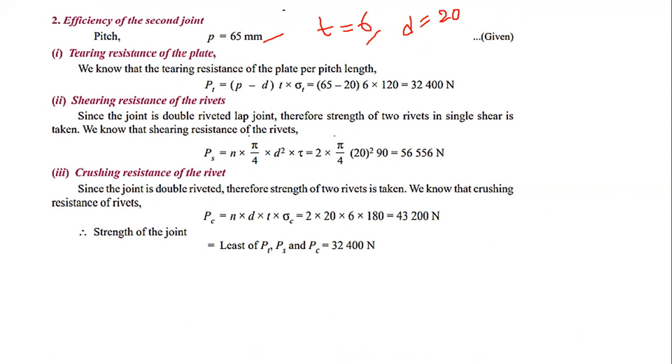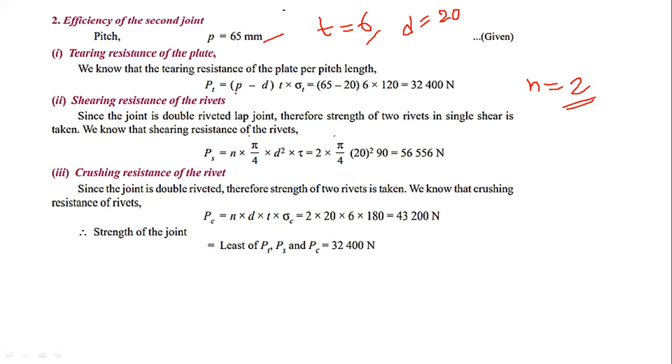But this problem is a double riveted lap joint. So for a double riveted joint, you have to consider n equal to 2. For single riveted joint, n equal to 1. For triple riveted joint, you have to consider n equal to 3.